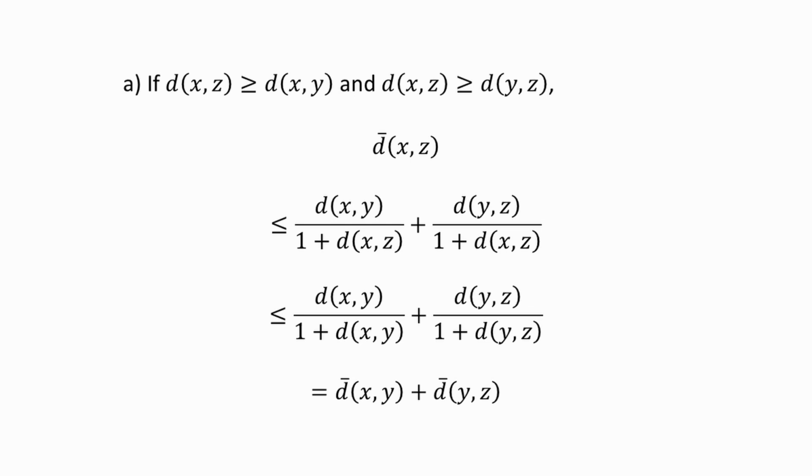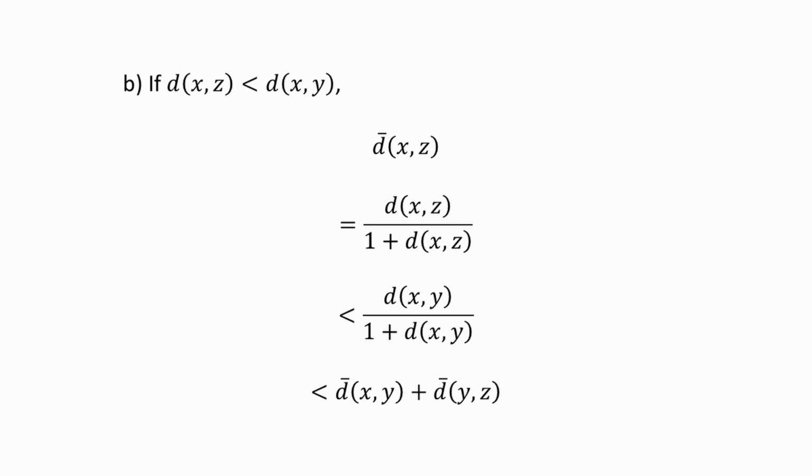It is because d(x, z) is larger than or equal to both d(x, y) and d(y, z), which makes both of the denominators smaller, which in turn makes both of the fractions bigger. And now we can apply the definition of d bar, then we get d bar(x, y) plus d bar(y, z).